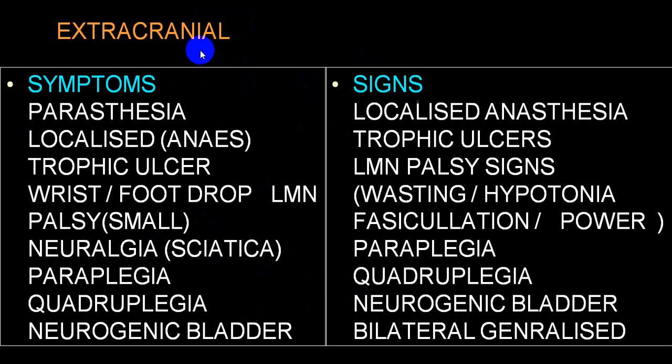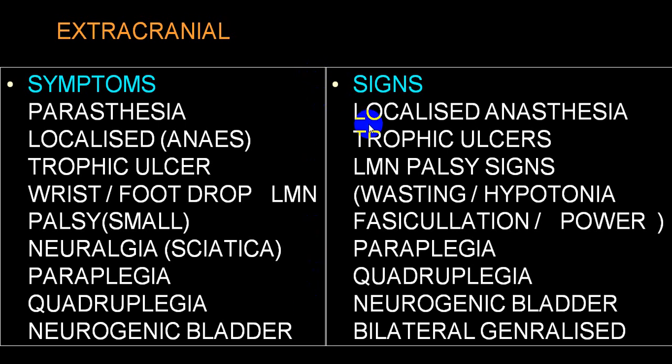In a case of extracranial damage, meaning damage outside the skull, that is mainly spinal cord and peripheral nerves, this will be identified by a person having paresthesia, local anesthesia, trophic ulcer, wrist drop, foot drop, which are of lower motor neuron type, then neuralgia, paraplegia, quadriplegia, neurogenic bladder, etc. This will tell you that it is damage to spinal cord or peripheral nerves.